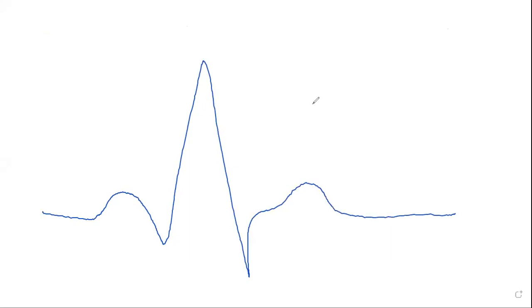That is one heartbeat. We call these P, Q, R, S, and T. Why? I have no idea. Because the guy decided these were the letters we're going to use.